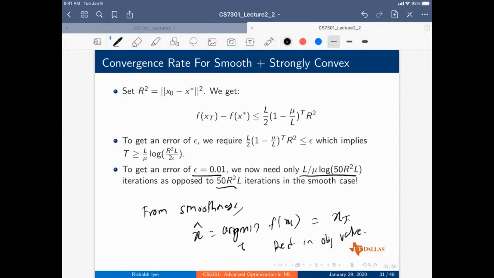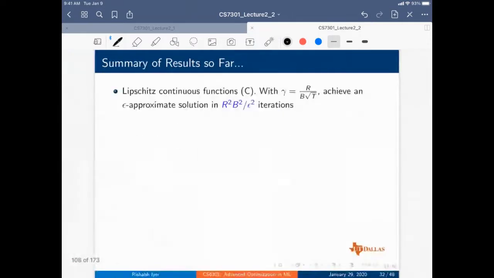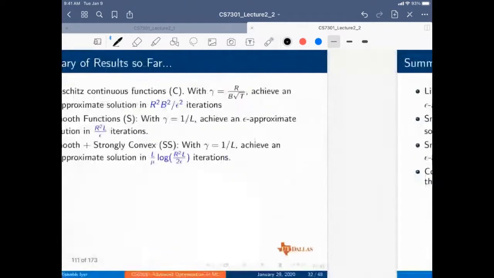So here we show this over the last iterate, which is also more appealing, because that's what you expect. After doing gradient descent, you just look at the last one and that should be the best. So that is what is guaranteed for these cases.